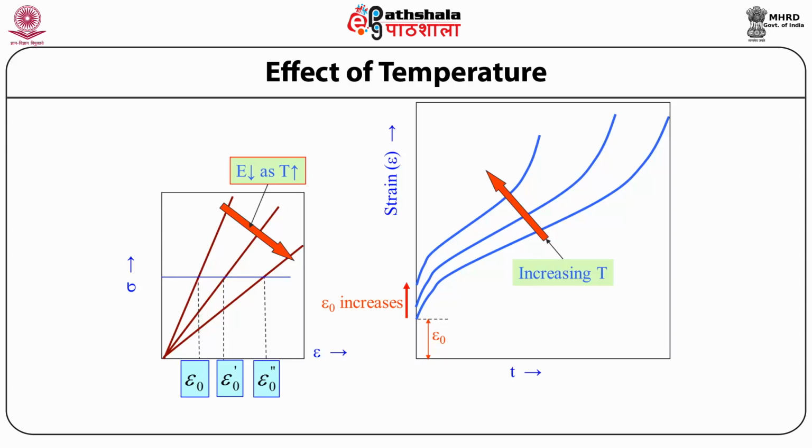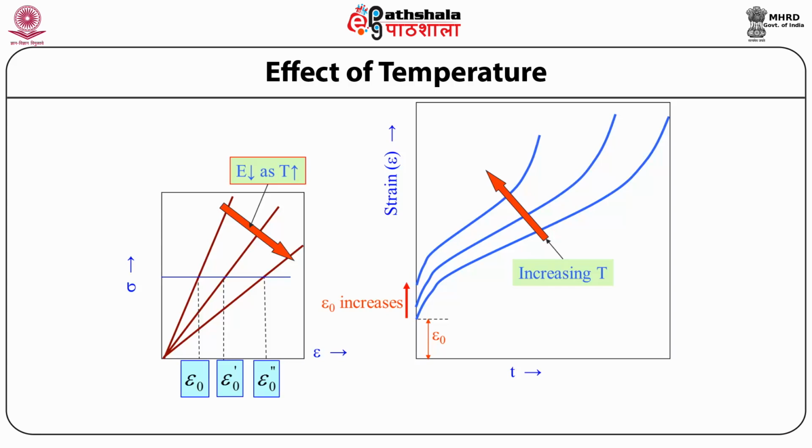We can see that E is decreasing as the temperature is increasing, and the points where the curves cut the axis are called epsilon naught for the first curve, epsilon naught prime for the second curve, and epsilon naught double prime for the third curve.